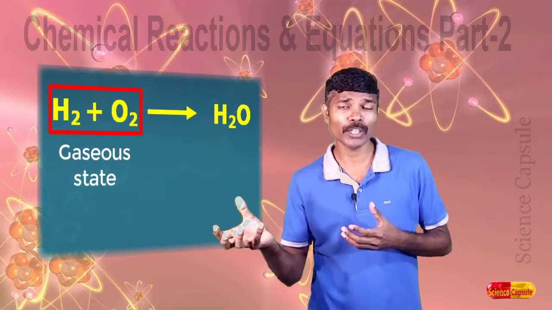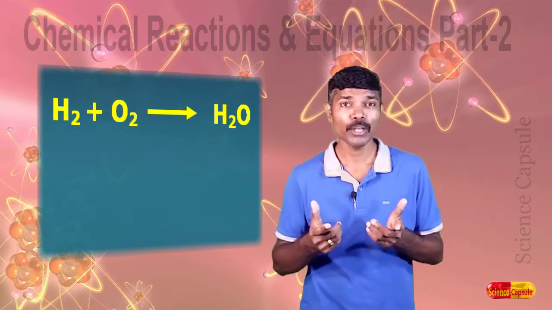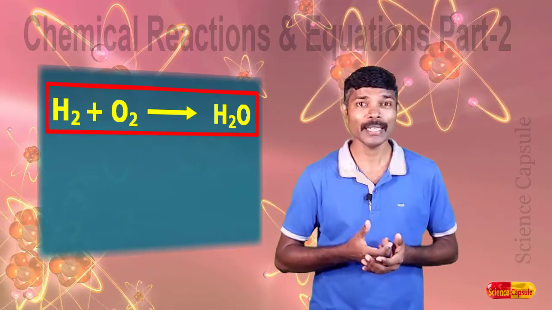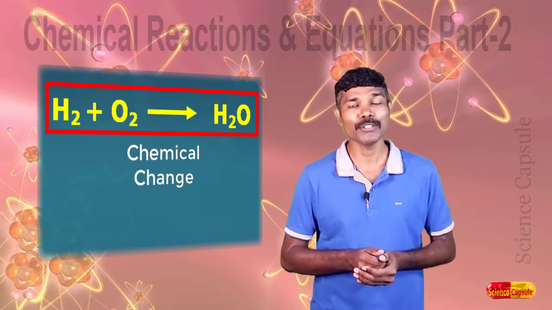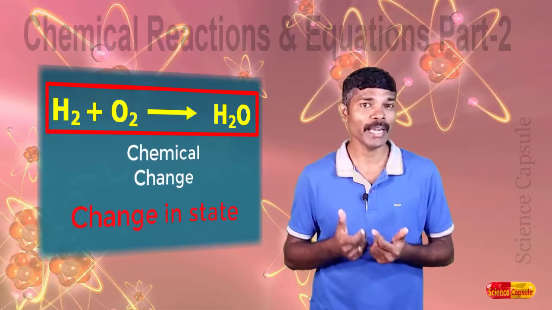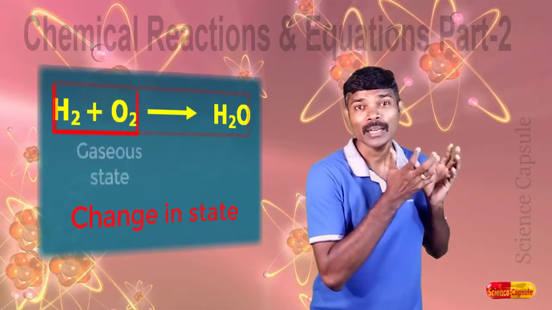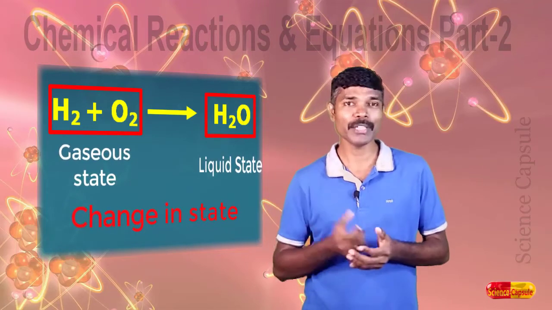The properties of water and the properties of the constituent particles are totally different. So the change we see here is a chemical change, and this chemical change is followed by change in state. As we know, hydrogen and oxygen are in gaseous state and water exists in liquid state.